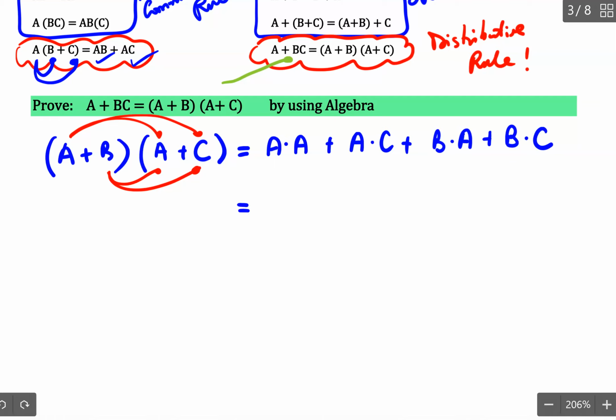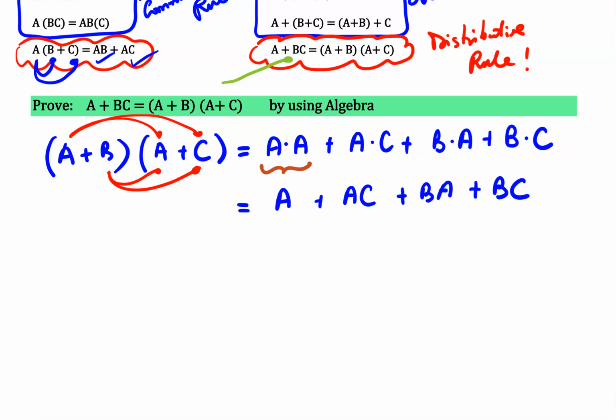I would like everyone to take a look at page 21. On that page, you find that A dot A is just equal to A. So I'm going to write it like this. Nothing wrong with writing it like this. The reason I take the dot away is because I want everyone to recognize that I have the common factor of A. As soon as you see a common factor, you should factor it out.